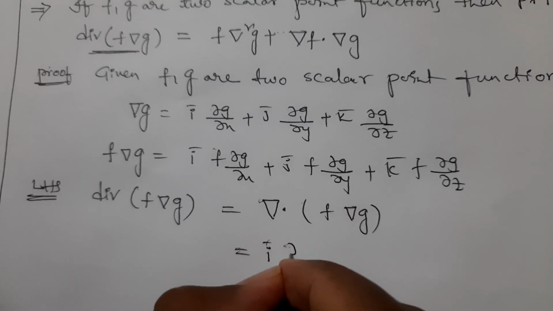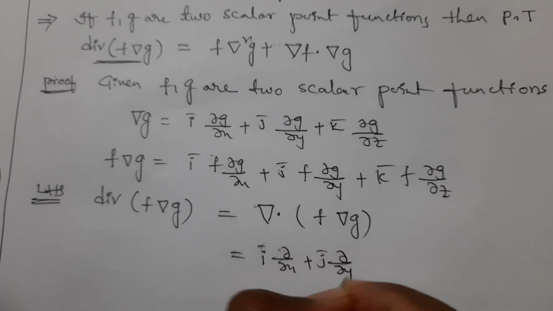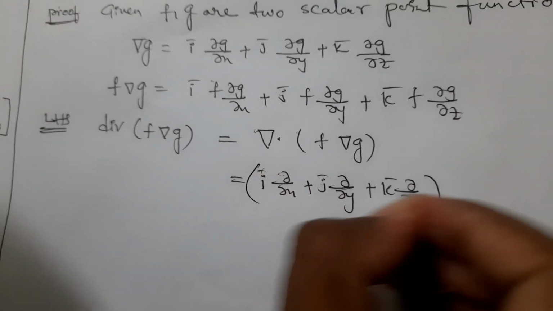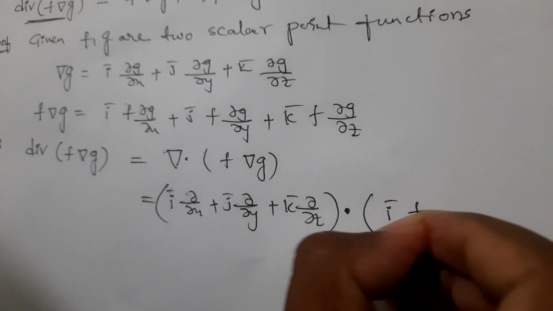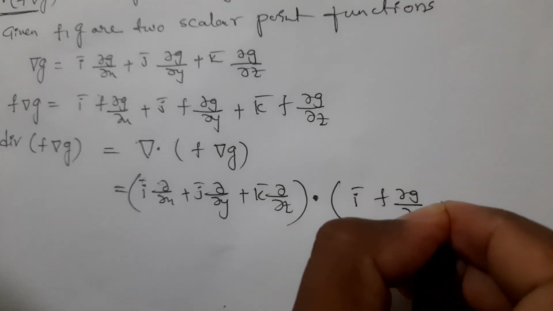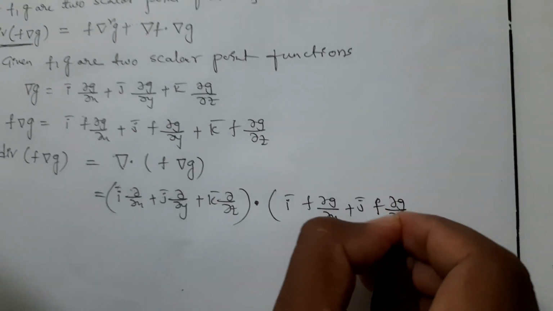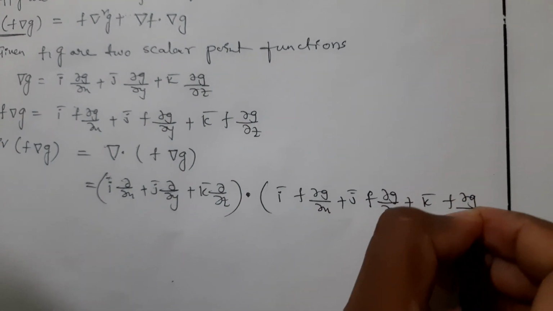What is the del value? Del is i bar into dou by dou x plus j bar into dou by dou y plus k bar into dou by dou z. Dot f del g value, which is i bar into f into dou g by dou x plus j bar into f into dou g by dou y plus k bar into f into dou g by dou z.